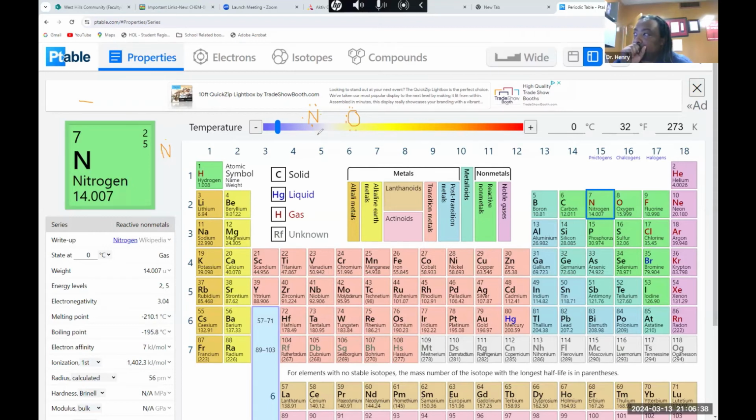So 5 plus 6 is going to equal an odd number, that's going to equal 11. We know that it cannot obey the octet rule. It won't be able to obey the octet rule because there's an odd number of electrons.